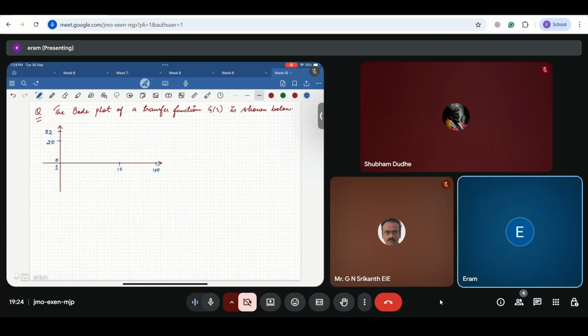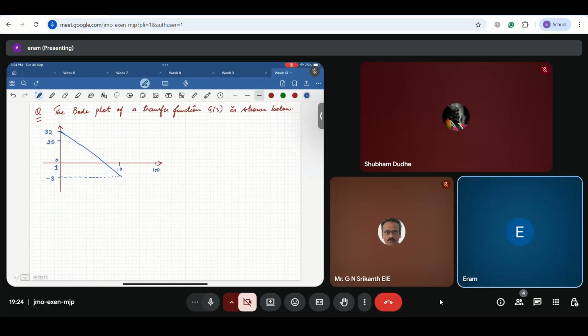It is starting from 32 and crossing the 0 dB line, and this value is minus 8. So 1 here means at omega equals 1 you have magnitude of 32 dB, right?